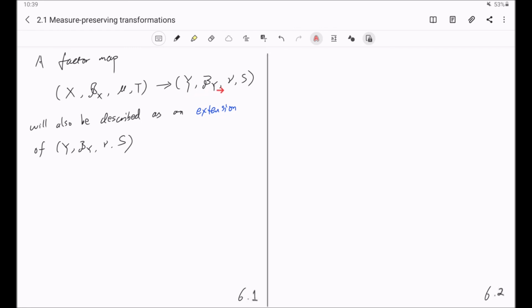Remember, Y, B, mu, S is called a factor of our first system. A factor Y, B, mu, S is called trivial if the space Y is trivial, namely Y is just one point.